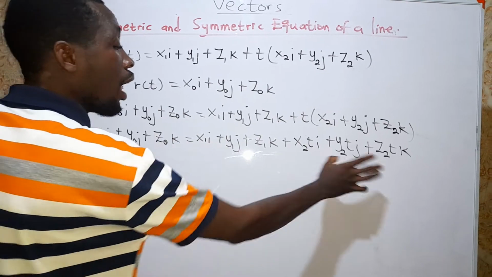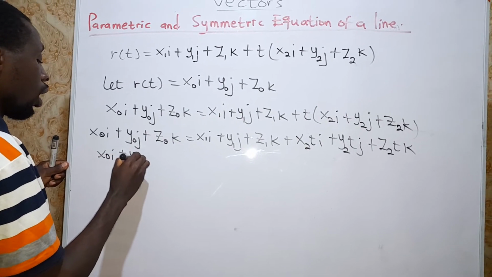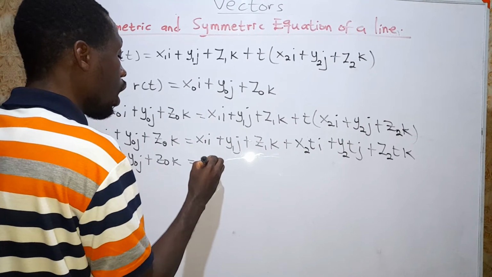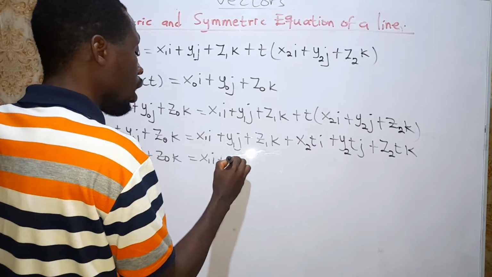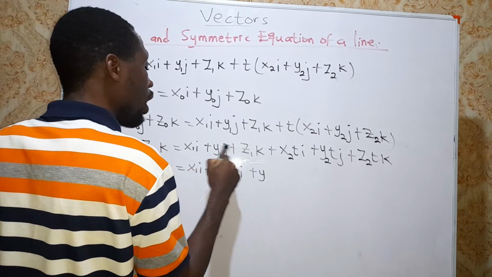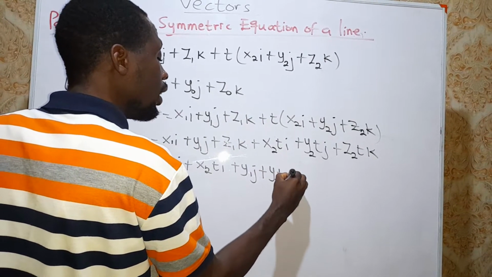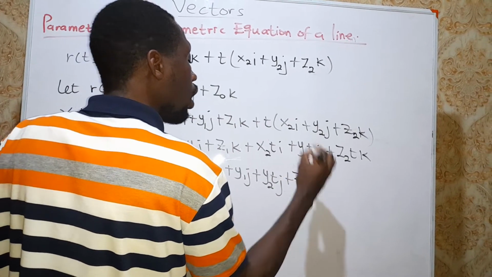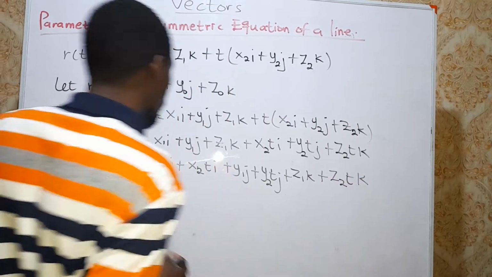I'll bring those with the i's together. So I'll have x naught i plus y naught j plus z naught k equal to x1i plus x2ti, plus y1j plus y2tj, then plus z1k, then plus z2tk.